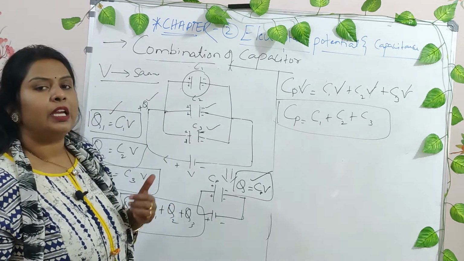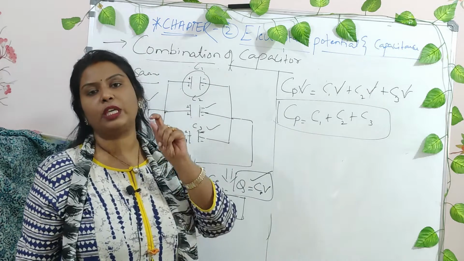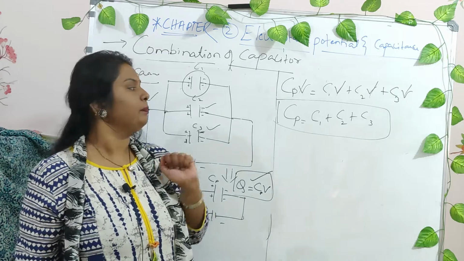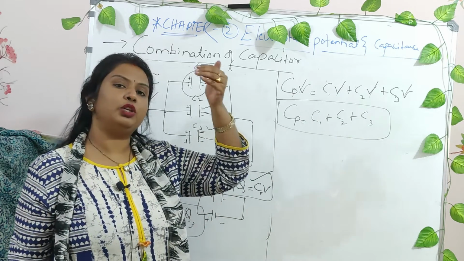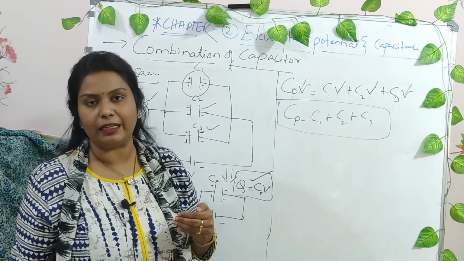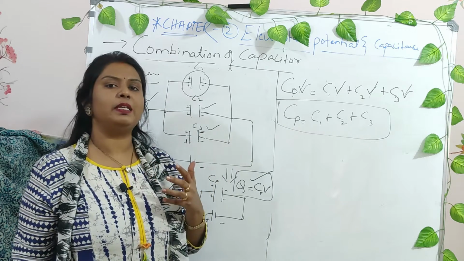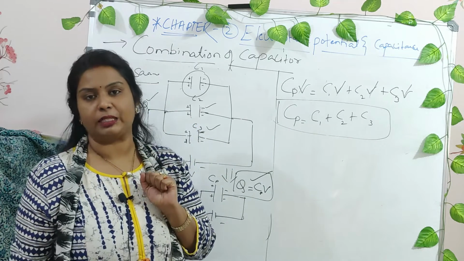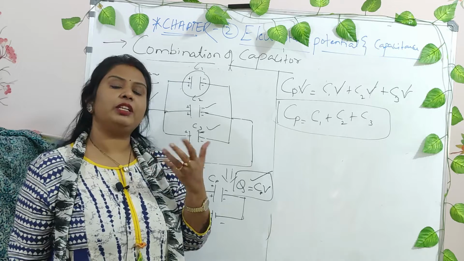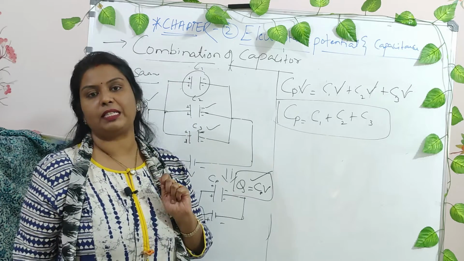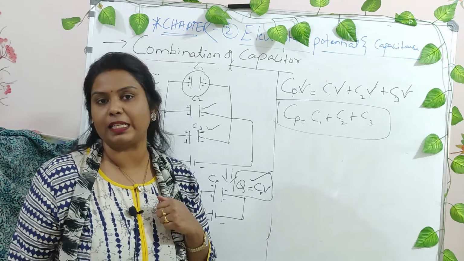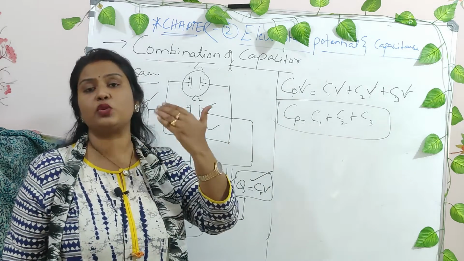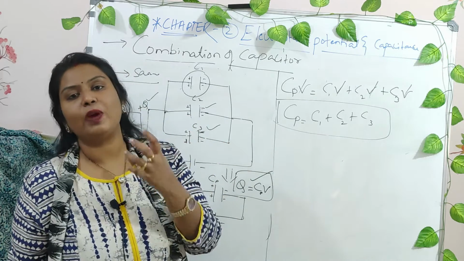In the series combination, the effective capacitance decreased, lower than the lowest value of the capacitor. Here in the parallel combination, the effective capacitance increases to more than the highest valued capacitor in the circuit.